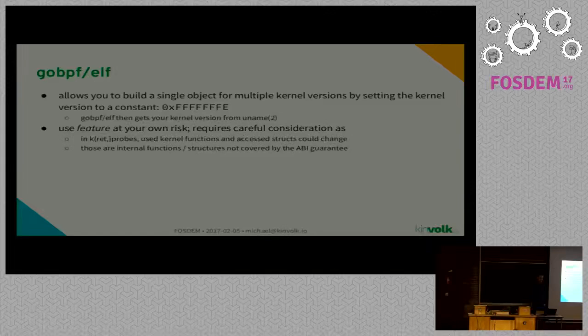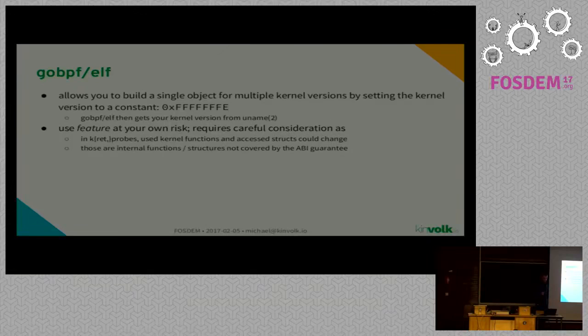A nice or tricky feature of gobpf ELF is that you can create your program for multiple kernel versions. Usually you have to tell the kernel when you load a program for which version it was written, because the kernel will only accept a program which was written exactly for the version you are running. And this can be tricky when you have a patch release of the Linux kernel. You maybe don't want to recompile your program.